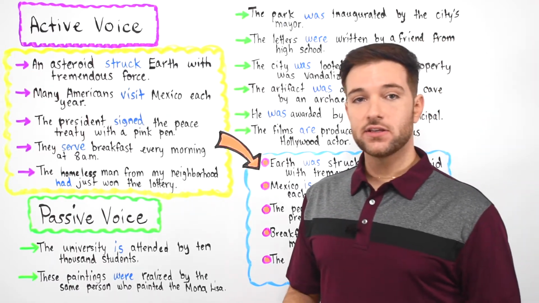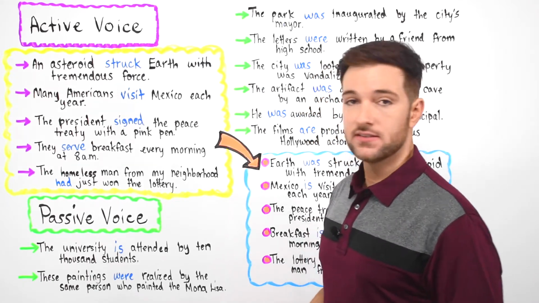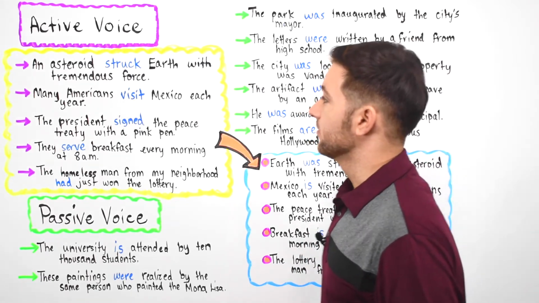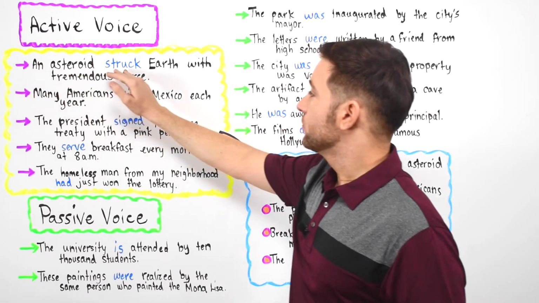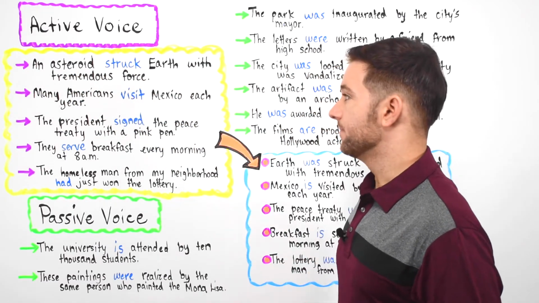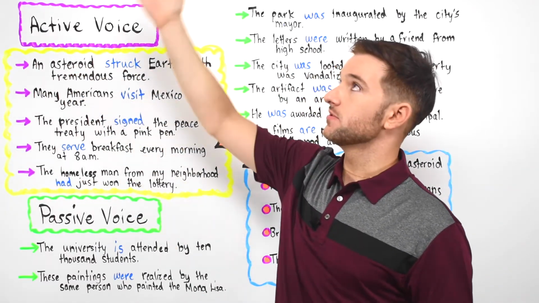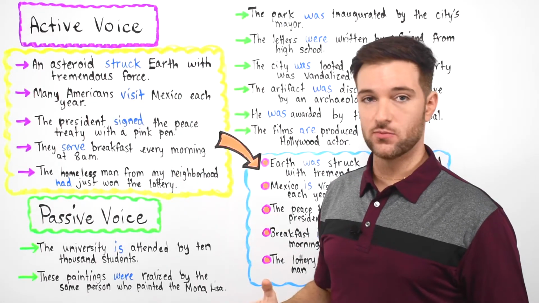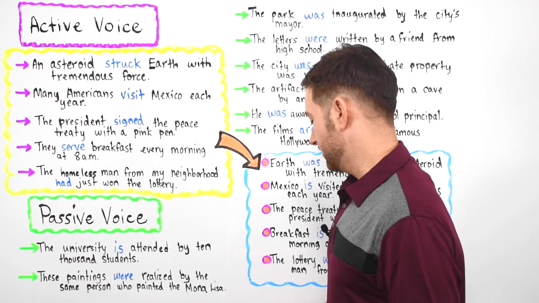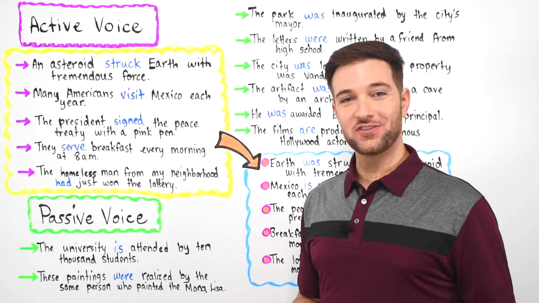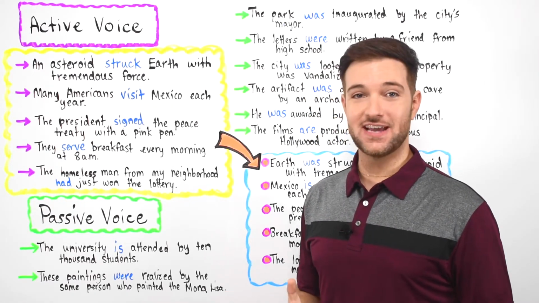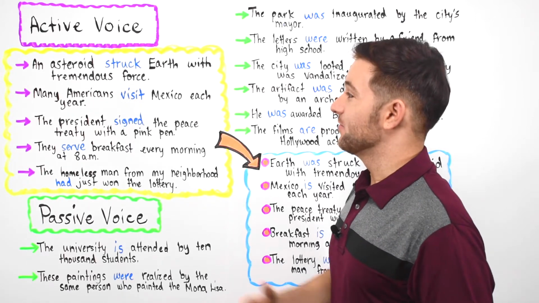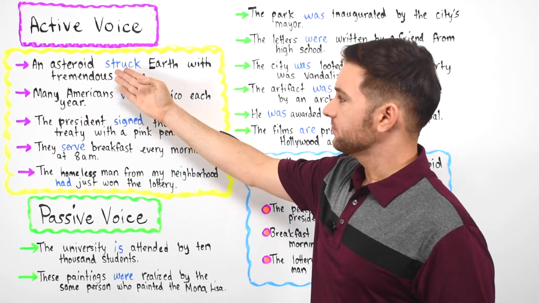Now, let's go ahead and take a look at some of the sentences that use the active voice, okay? An asteroid struck Earth with tremendous force. So an asteroid, which comes from space, which comes from the universe somewhere, and you know, it has been known to strike Earth, right? I think it killed the dinosaurs. So an asteroid struck.